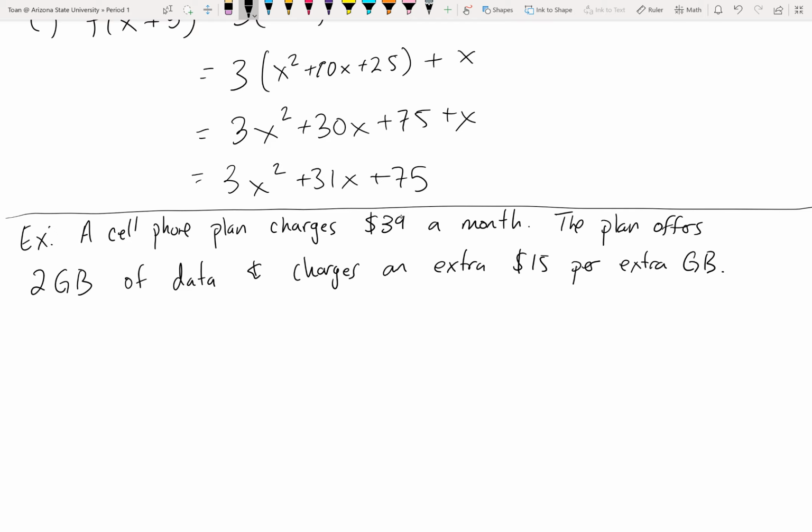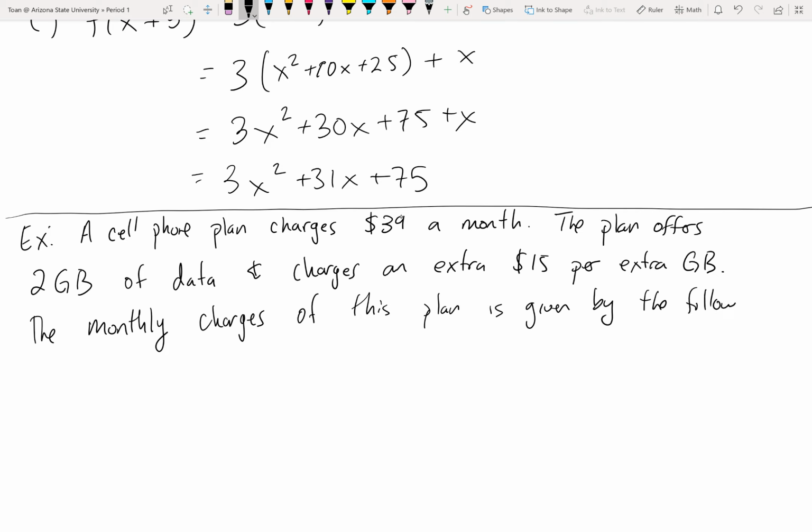Right. The monthly charge, or charges, plural, of this plan is given by the following function.